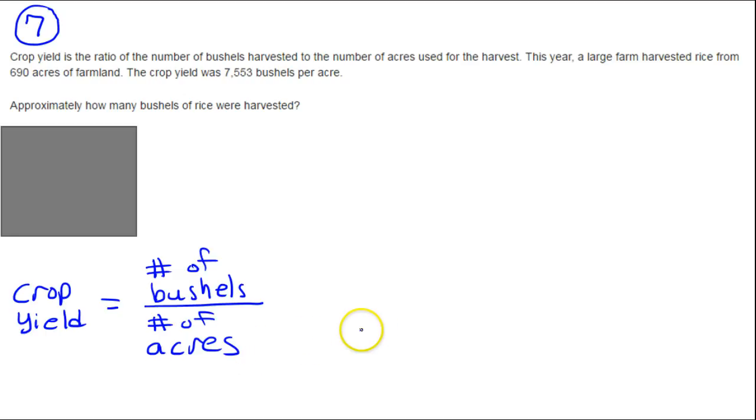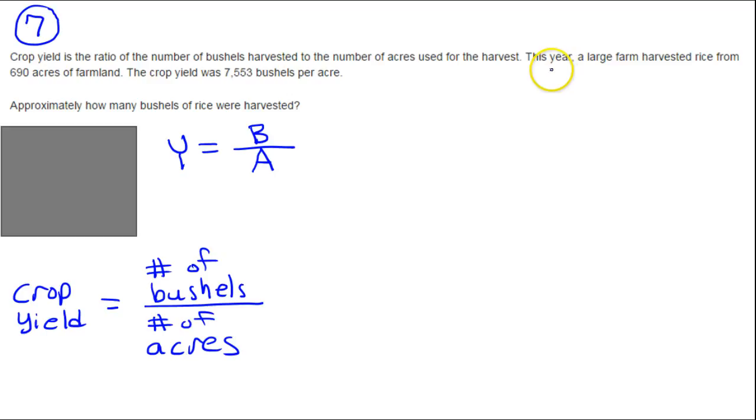Can I simplify this formula a little bit? Let's call crop yield Y. Y is equal to the number of bushels divided by the number of acres. Y equals B over A.